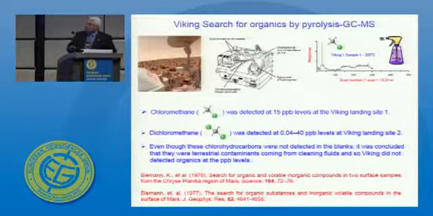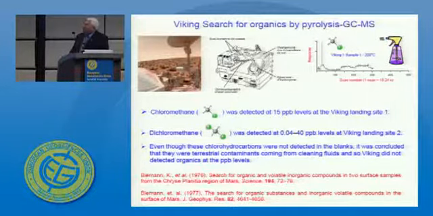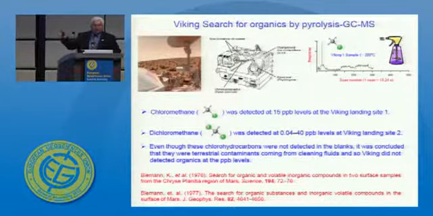Surprisingly, there was the detection of chloromethane on Viking Lander 1 and dichloromethane on Viking Lander 2. The concentration levels were about 15 parts per billion on one, and less than 1 to 40 parts per billion on the other. And at that time, it was unlikely to assign these compounds to normal organics in the soil.